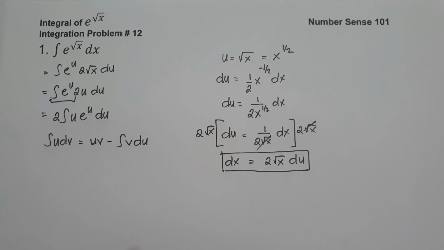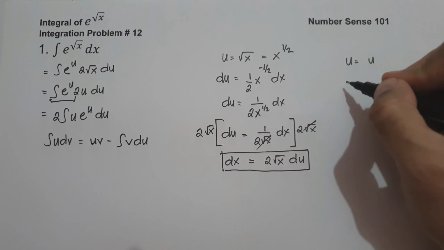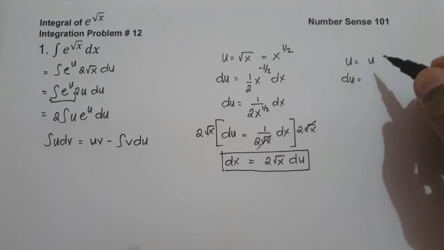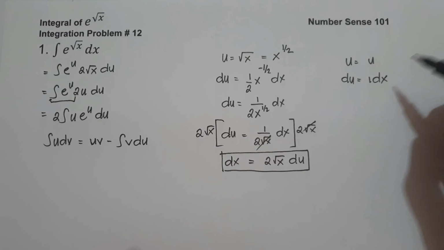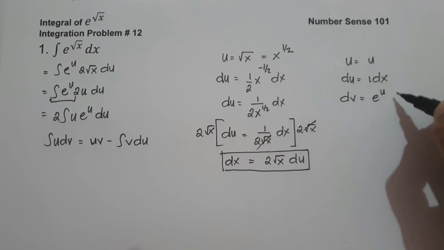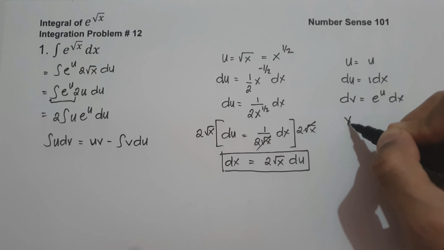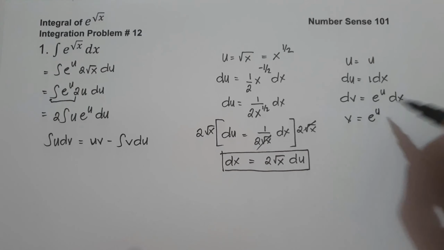And then let us set u right here as u, and du, that is the derivative of u, that is 1 dx, and dv, that is e raised to u dx, and v, that is the integral of e raised to u, that is e raised to u.